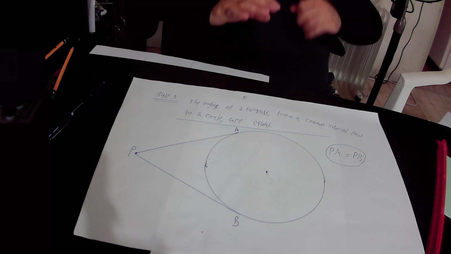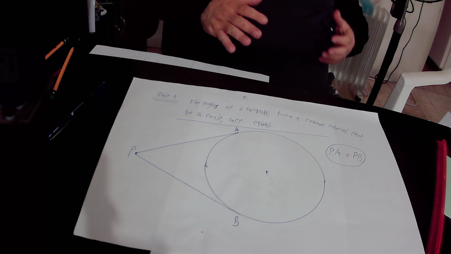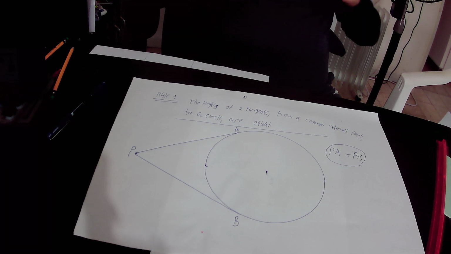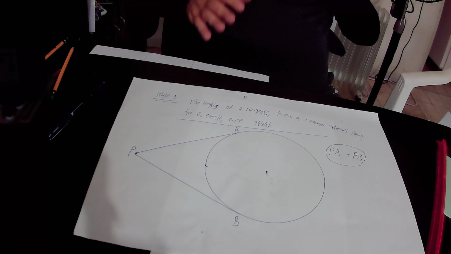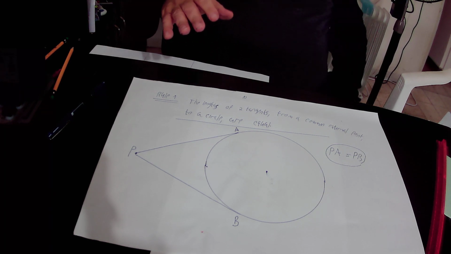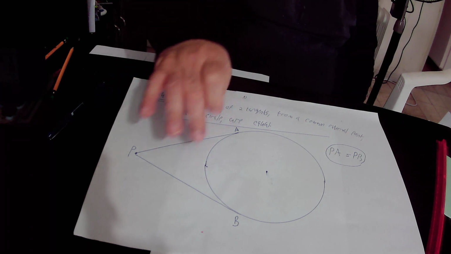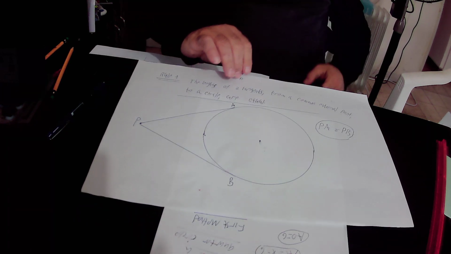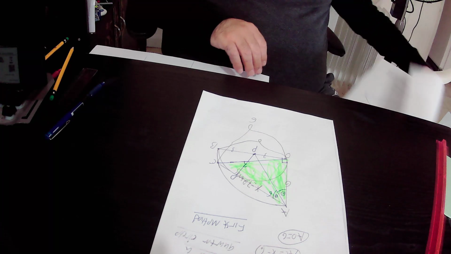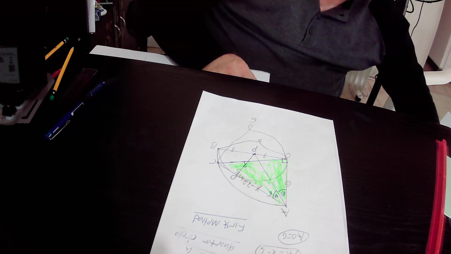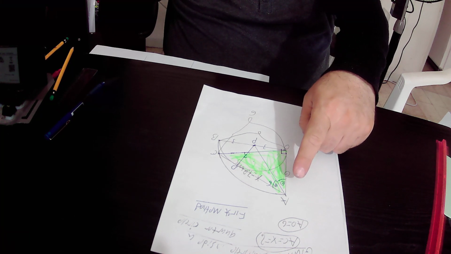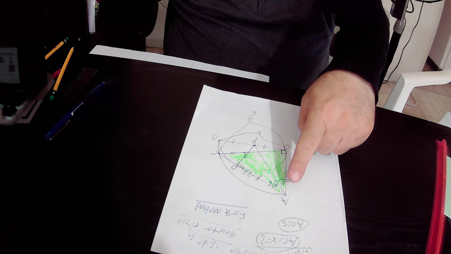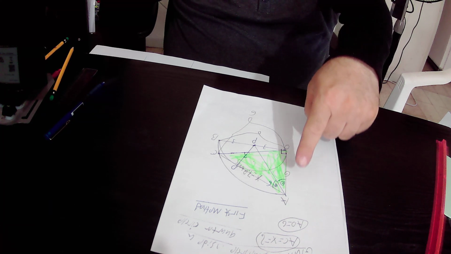So whenever you draw two tangents to a circle from a common external point, then the lengths of those two tangents will be equal to each other. In this case, PA equals PB. So we can implement rule number 1 in our drawing. In our drawing we have the common external point A. From the common external point A we have the first tangent to the semicircle, that is AO.